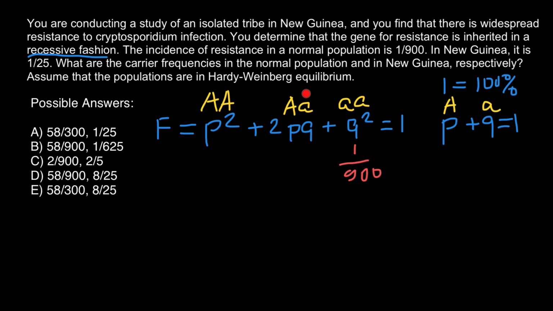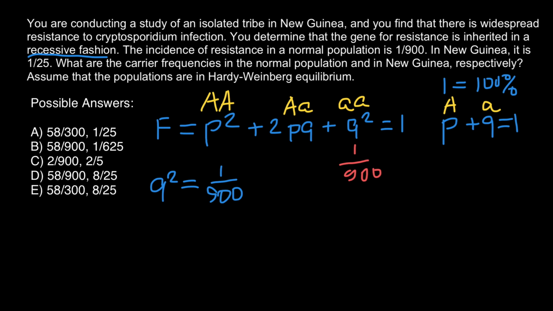But in order to solve this problem, to find how many heterozygotes we have, we need the frequency of the recessive allele and the dominant allele. So take a look. q squared equals 1 out of 900.